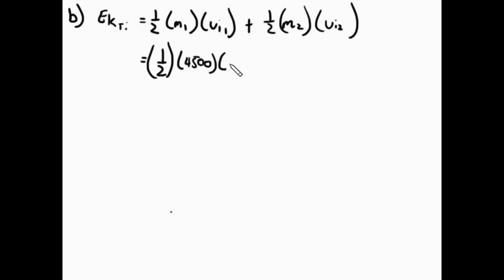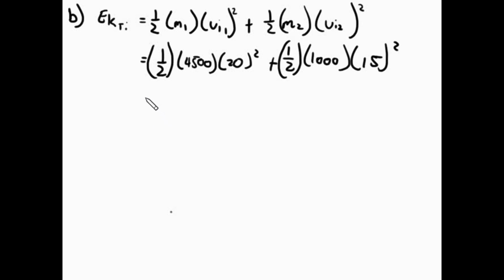Alright, so half times my first mass, which was 4,500, times the velocity squared, 20 meters per second squared, plus half times my second mass, which was 1,000, multiplied by 15 squared.